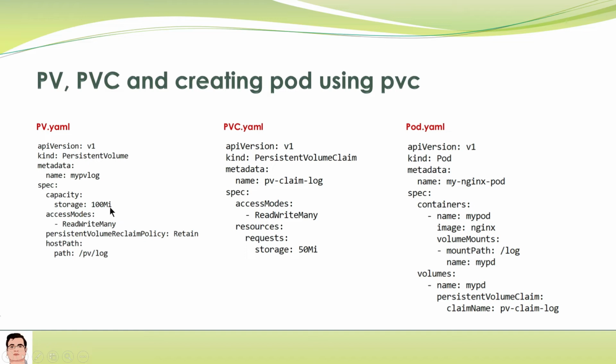What about the remaining 50Mi? Should we create a new PV and utilize that remaining 50Mi? No, this is not possible, because one PV is linked with one PVC. This is a one-to-one binding. If you are not utilizing all of it, you cannot use the rest for another PVC.